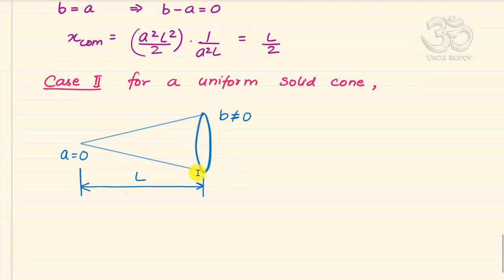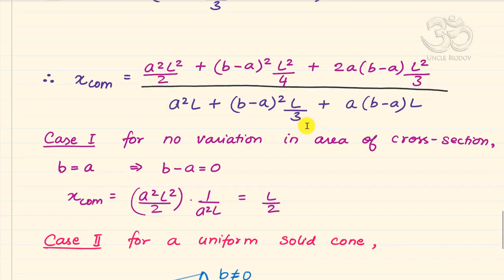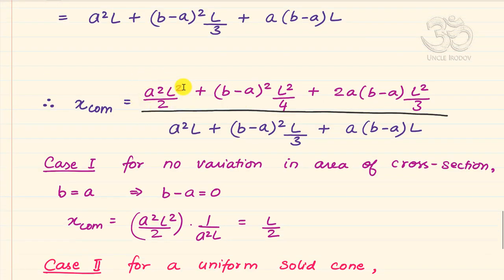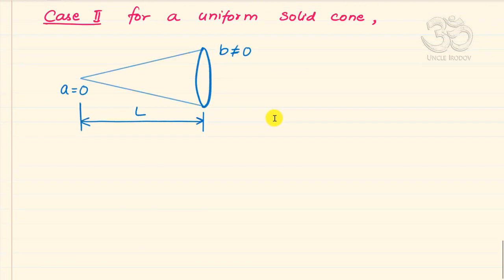And then if I insert a is equal to 0 in this entire result, so when I say a is 0, the first term is going to go to 0 in both the numerator as well as the denominator. The last term is going to become 0 because there is a in multiplication. So the only term that will be left out is the middle term, and a is 0, so you will have b square L square by 4.